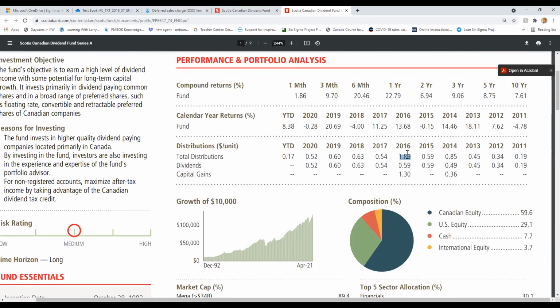How much money will you get in 2016? If you have one unit, you will get $1.89. If you have 100 units, how much will you get?